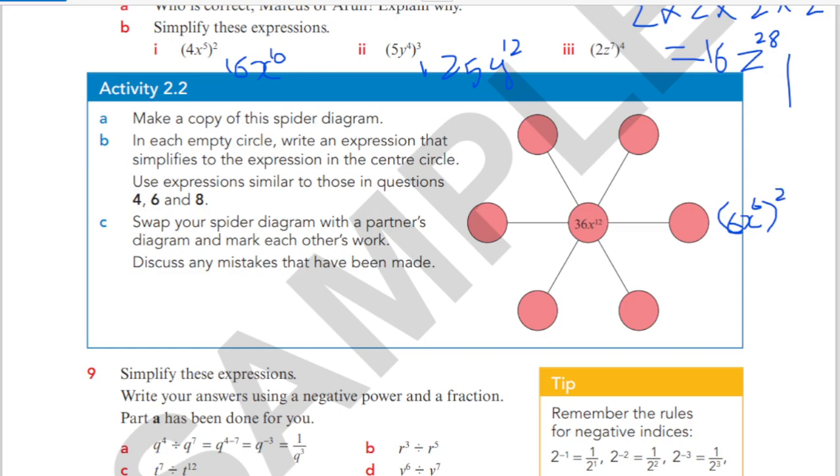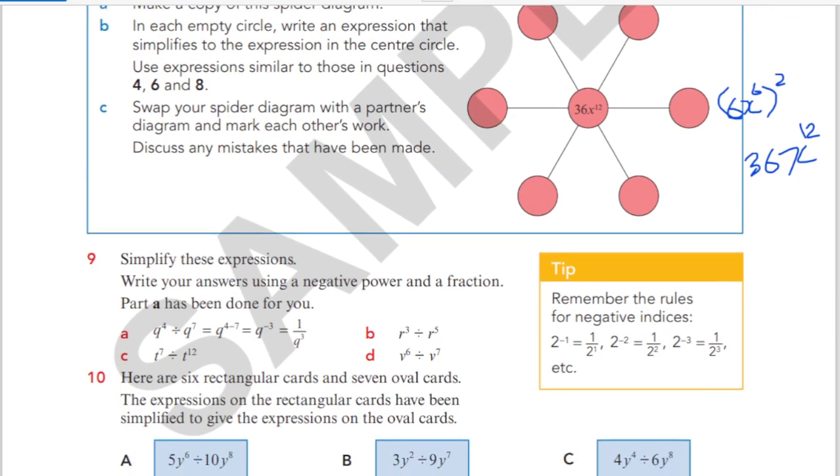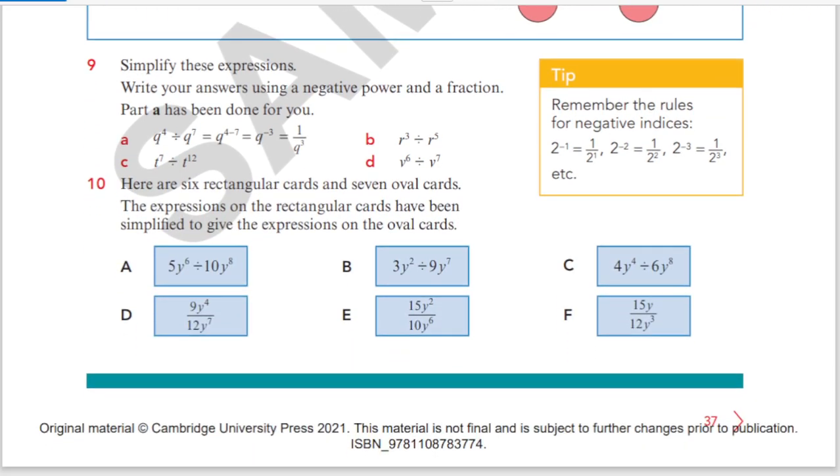The square of 6 will be 36, and 6 multiplied by 2 will be x power 12. So you can find such type of expression which can help you complete this spider.